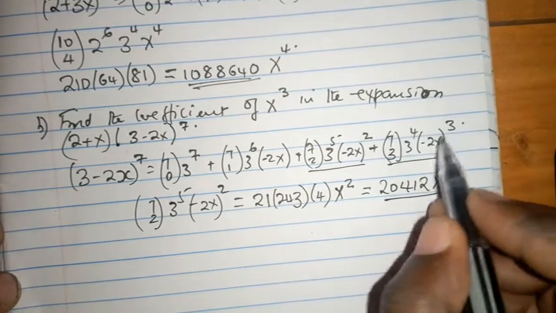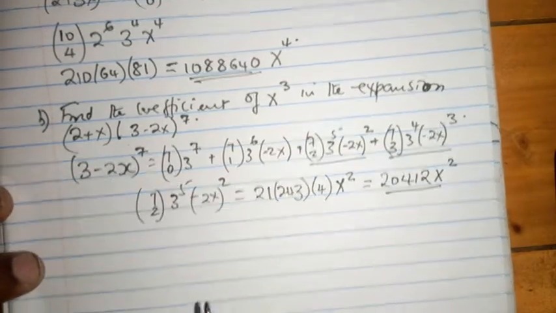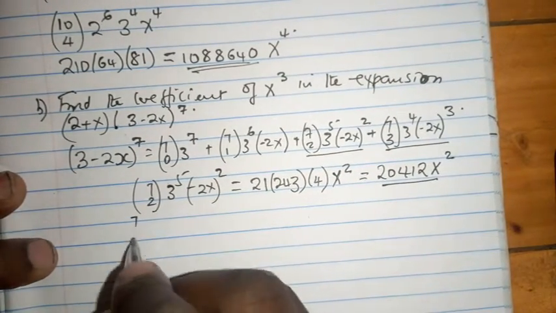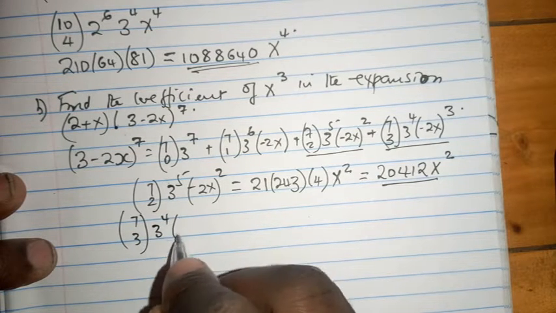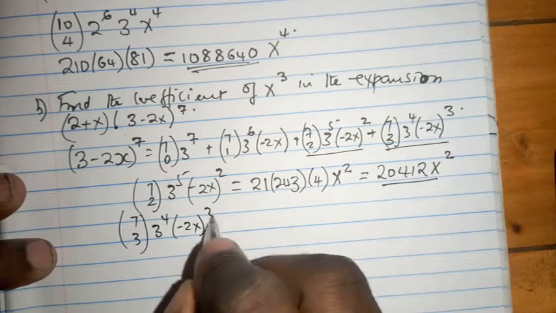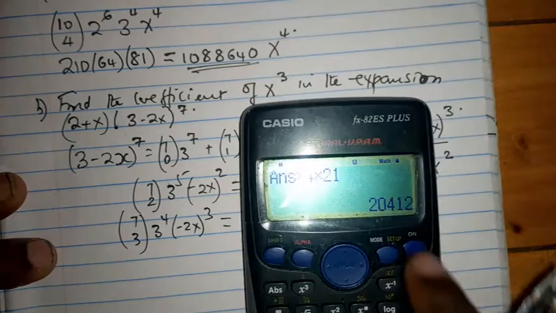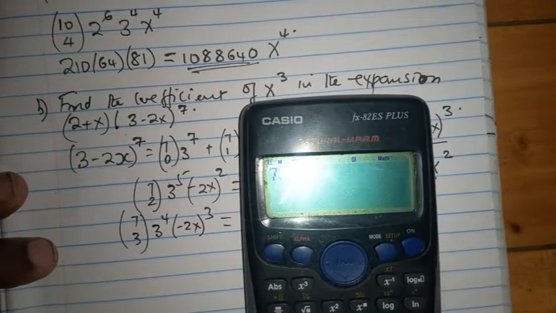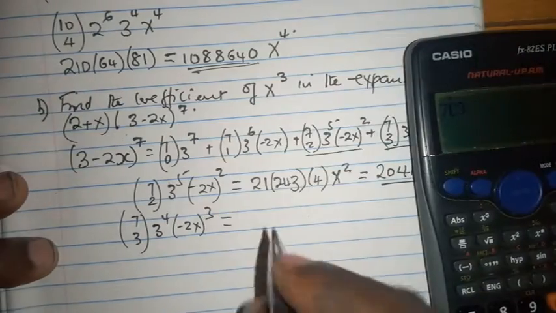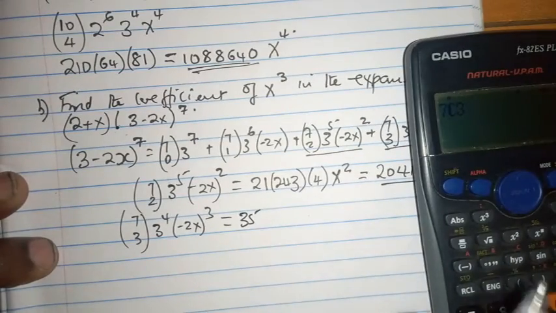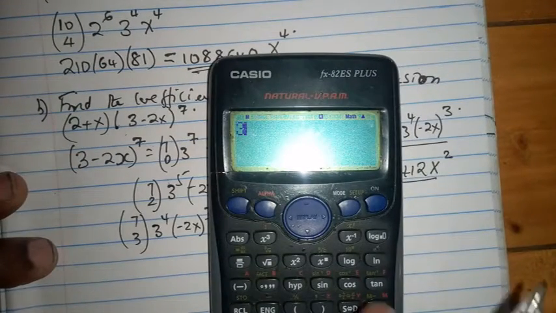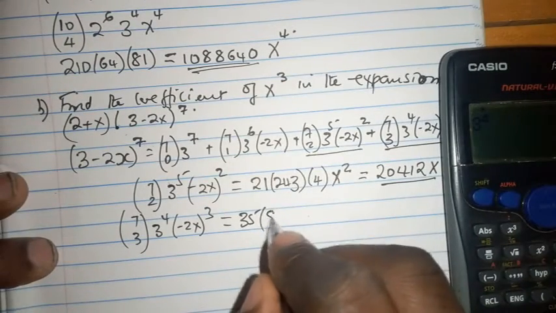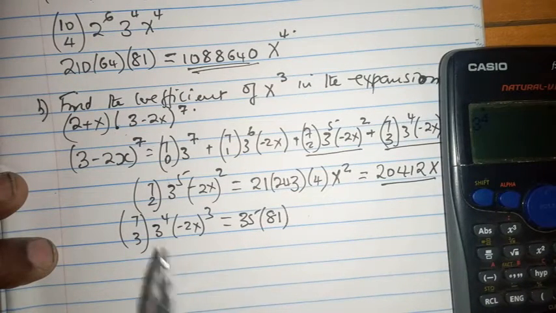And then for x cubed, we have 7C3, 3^4, (-2x)^3. And what does it give us? 7C3 is 35. 3 raised to power 4 is 81.